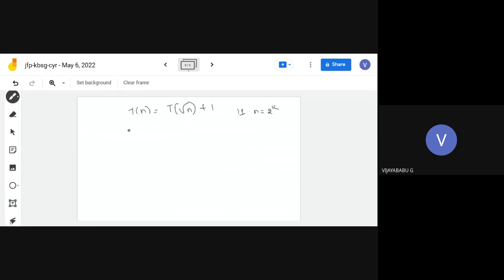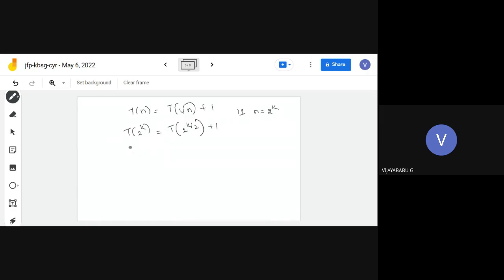So I can write T(2^k) = T(2^(k/2)) + 1, because the square root of 2^k is 2^(k/2).